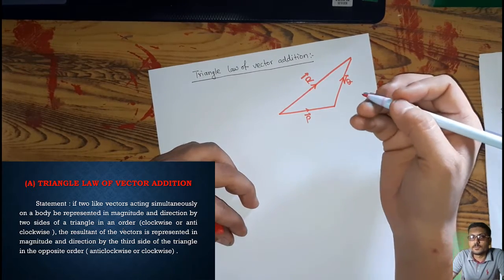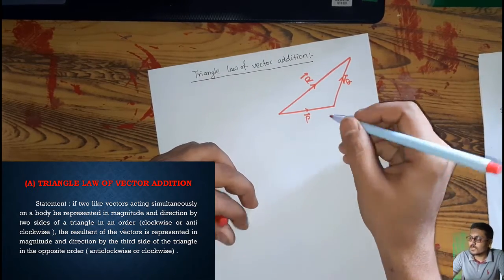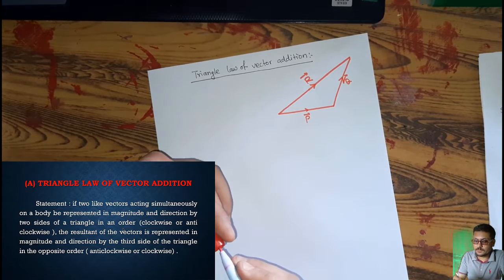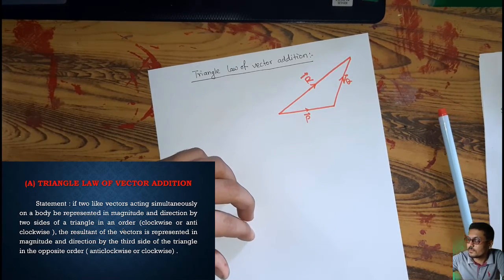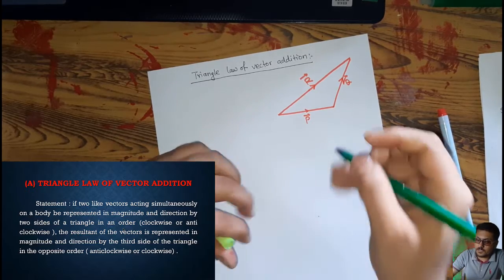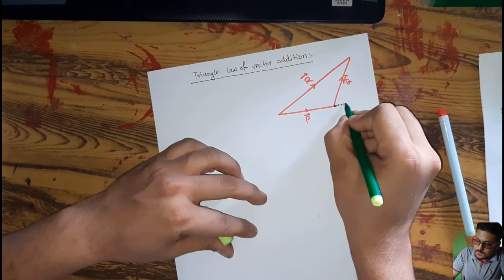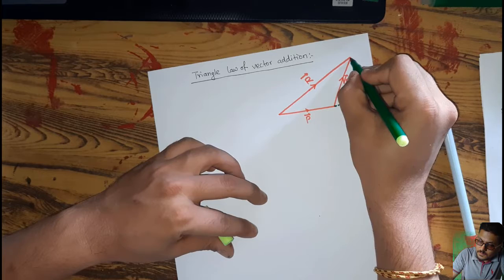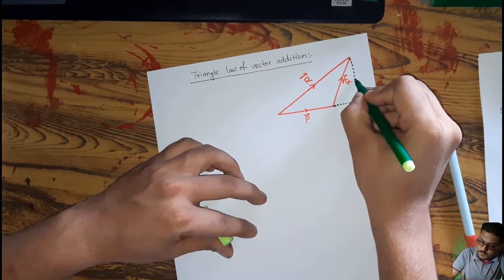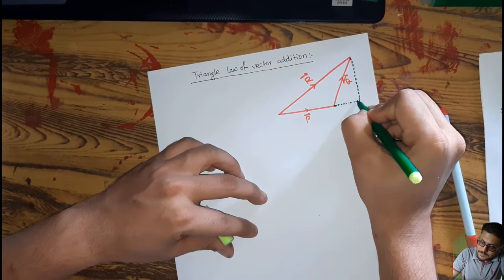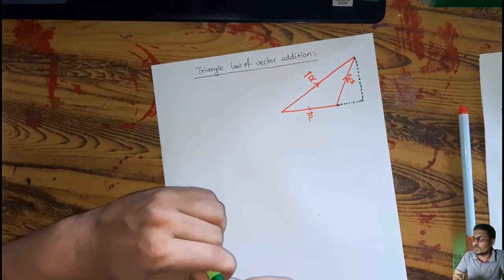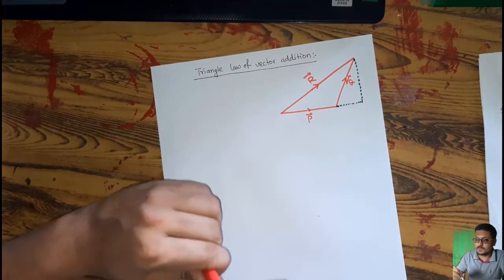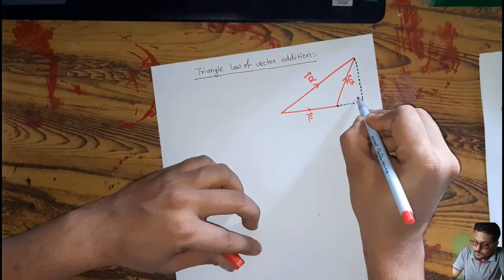Now, how to prove this? For proving this statement, this law, we have to construct a figure. These laws of vector addition are solved by using the Pythagoras theorem.